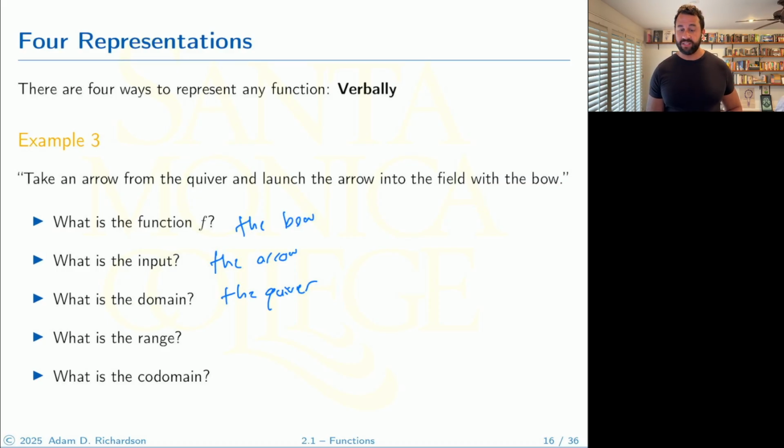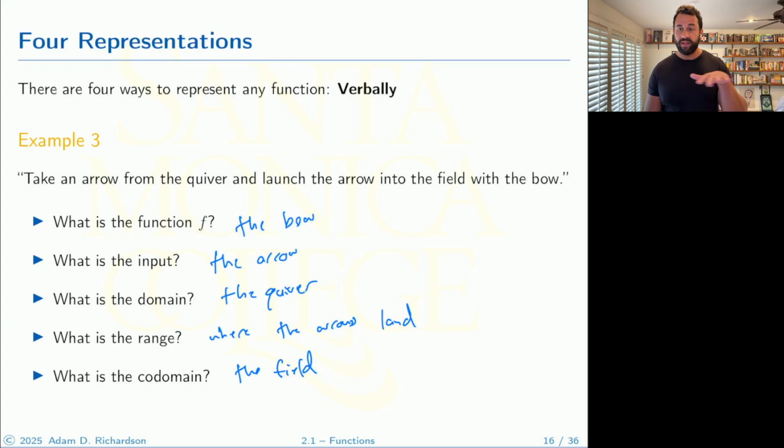And then what is the range? This is the interesting one. There's a difference between these two sets. Let's see how this compares to what you answered. The range is where the arrows land. Compare that to the codomain, which is the field. The location of the arrows where they land, that is the range.